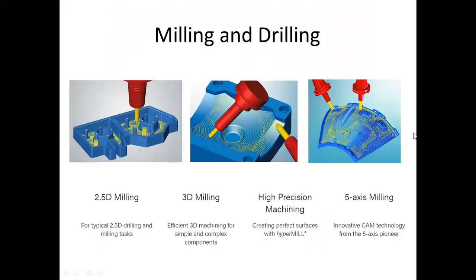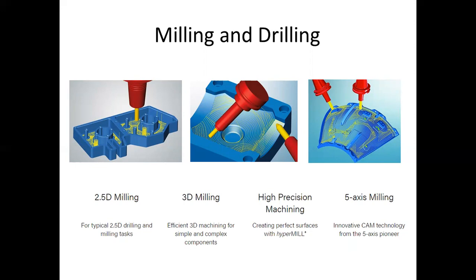Then we can use several features and some elements of the defaults of the model, and create the machining operations that help us to simulate machining operations like milling and drilling, as shown here.